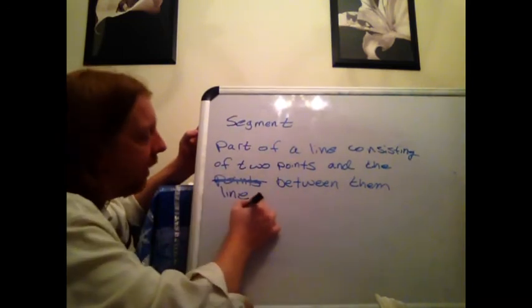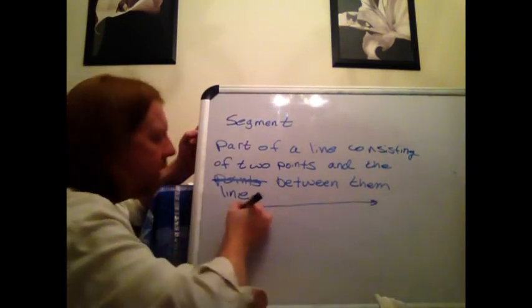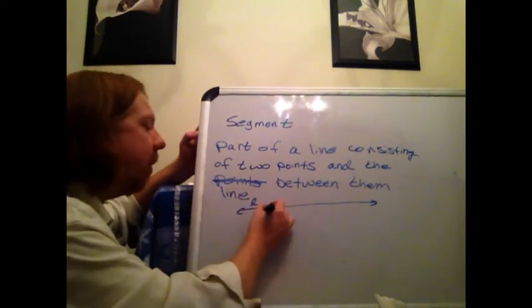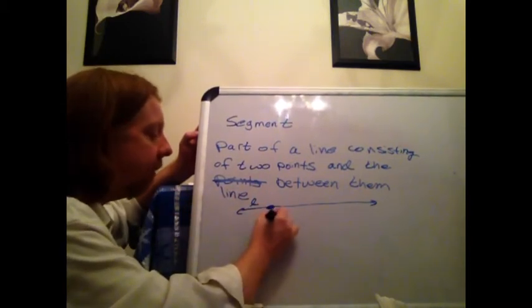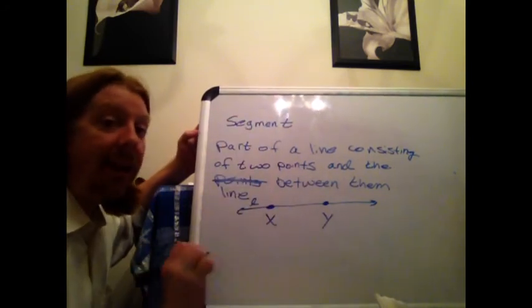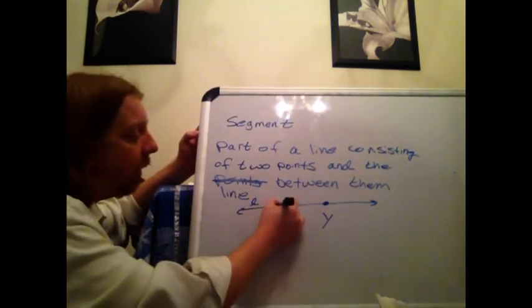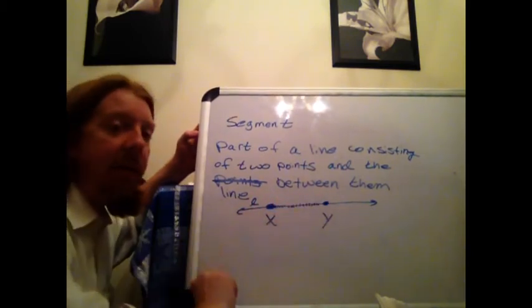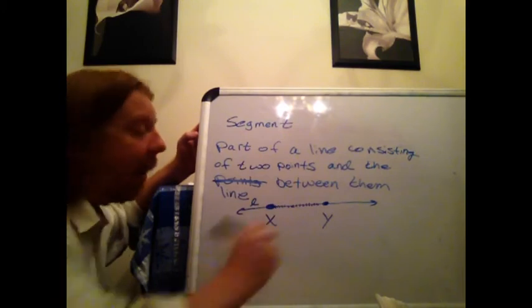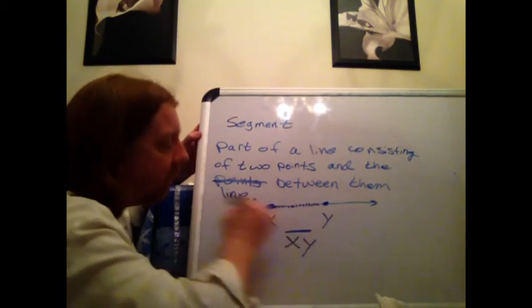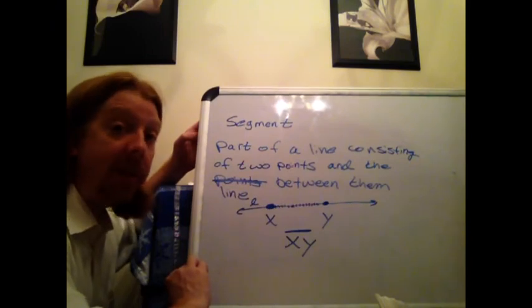So, if here's a line, call it line L, and on it I mark off point X and point Y. A line segment would be this point, this stretch of line, up to that point over there. I would then call this the segment XY, and I would put a single bar over the top to show that was just a segment.